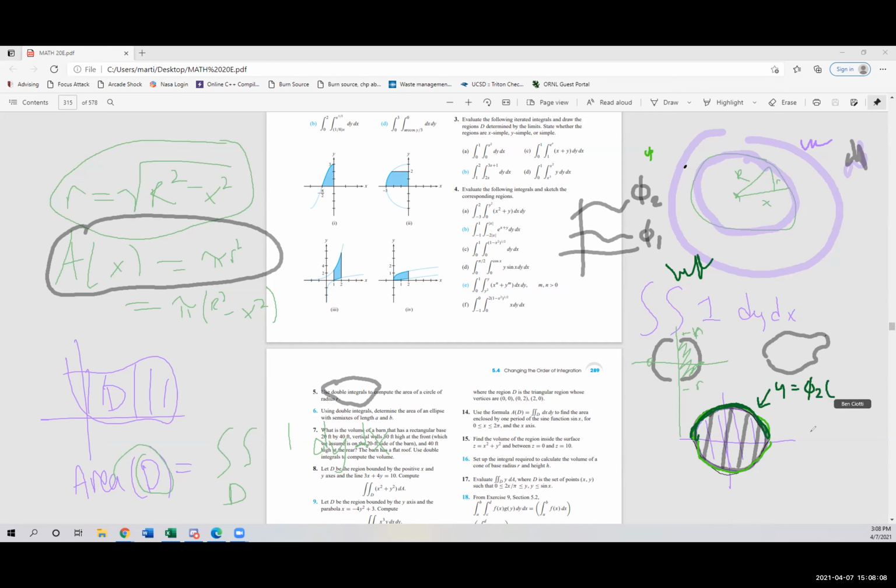We call that phi2 of X. What is it? I want to say it's this over here. Yeah, good, you're right. Because this distance is R, and X squared plus Y squared is R squared.